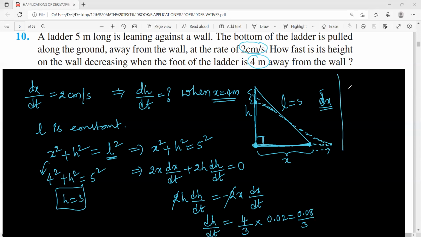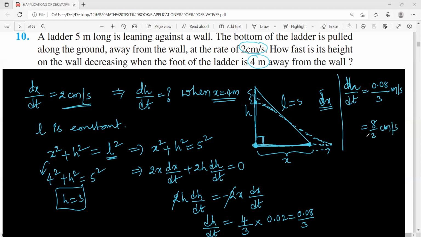So dh by dt, which you need to find out, equals 0.08 by 3 meters per second. Or, since this is given in centimeters, you can change it to centimeters: simply 8/3 centimeters per second.